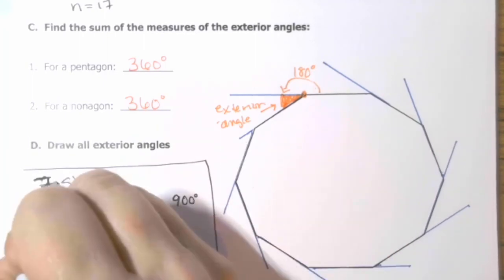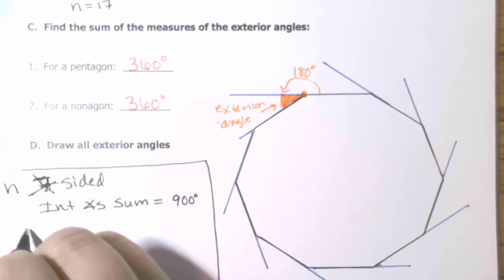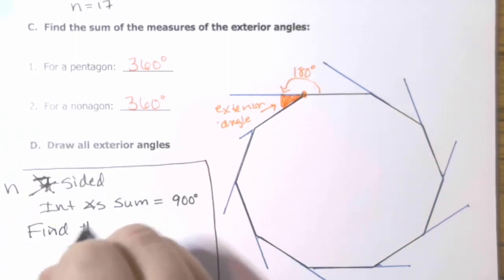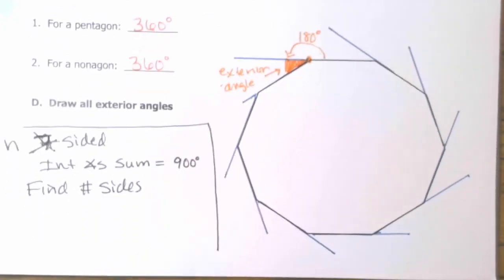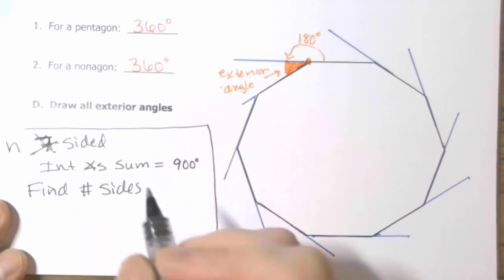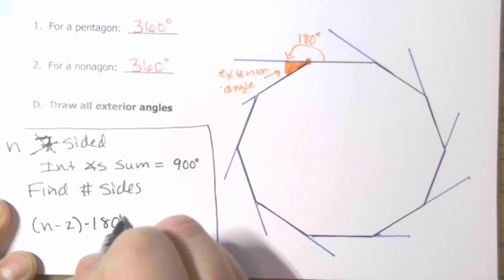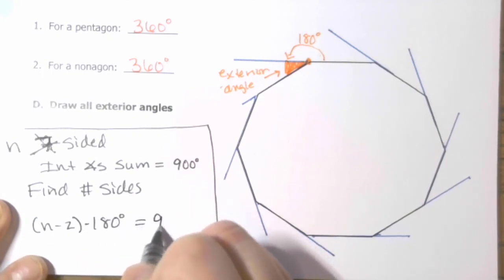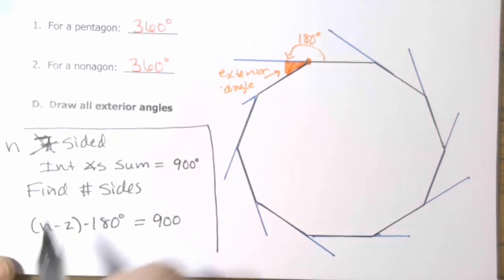They just tell you it's n-sided, and they want you to find the number of sides. So all they've given you is the sum of the angles, which is 900. So the formula for the sum of the interior angles is n minus 2 times 180. That equals 900. And that would be your equation.